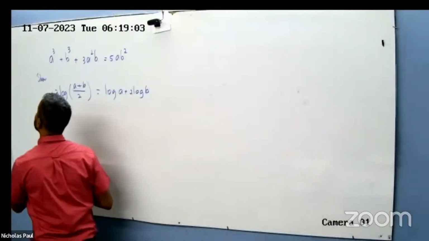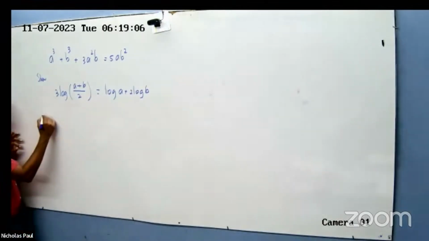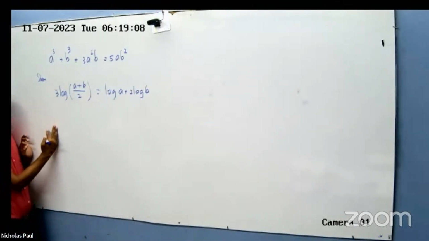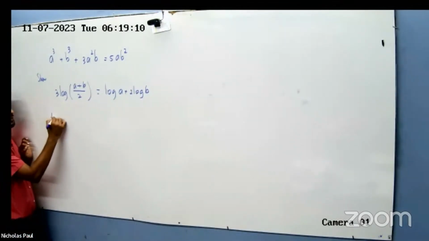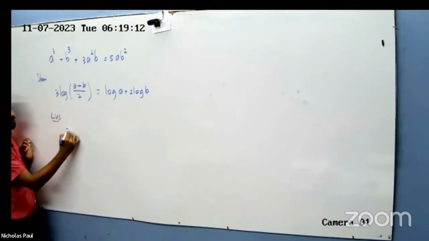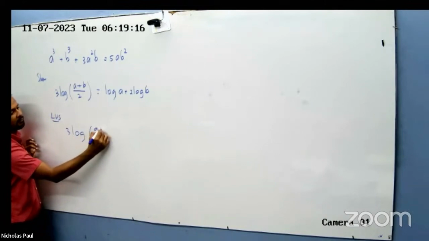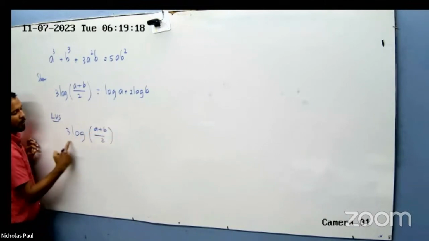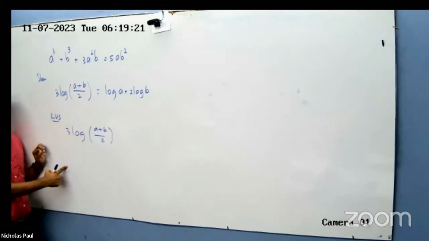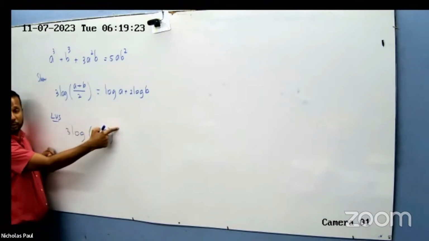It's a hard one, right? Because you have to understand what it's saying. You have to take this left hand side and show that it's equal to the right side. So when you reach here, what you can do is take a common denominator here.